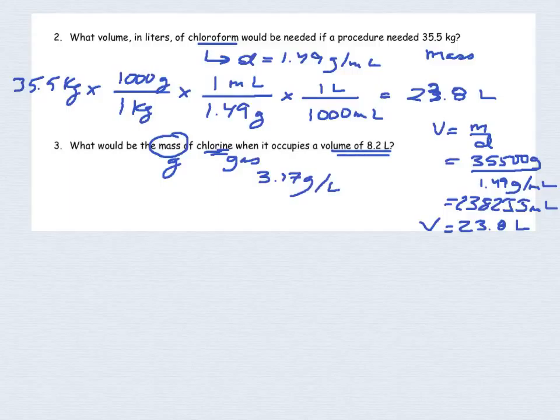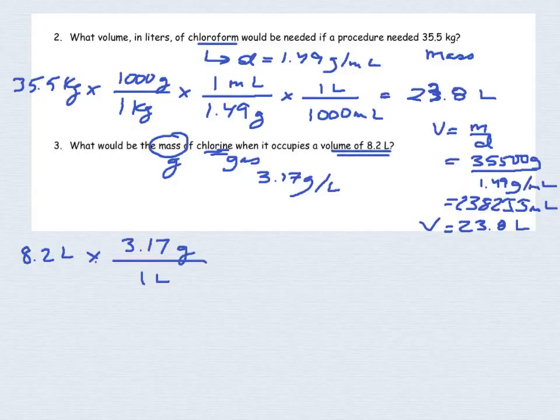So if I start doing this question with dimensional analysis, I write down what I'm given, which is 8.2 liters, and I want to convert that into mass. Well, I have a conversion factor, density, that describes the mass per volume. On the bottom, I want my canceling unit. So for every 1 liter of chlorine, it's going to have a mass of 3.17 grams.